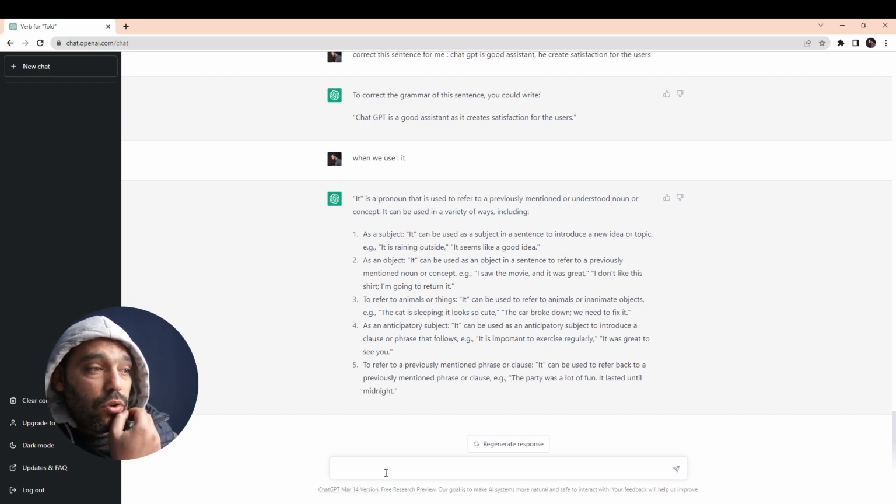Fifth, to refer to a previously mentioned phrase or clause. It can be used to refer back to a previously mentioned phrase or clause. For example, the party was a lot of fun. It lasted until midnight.